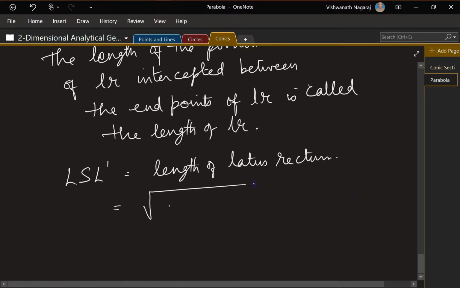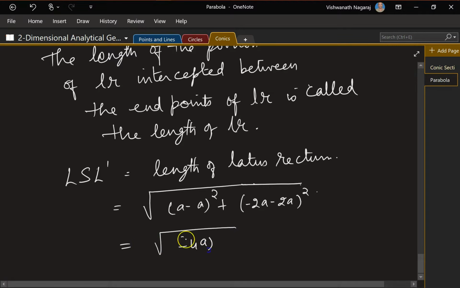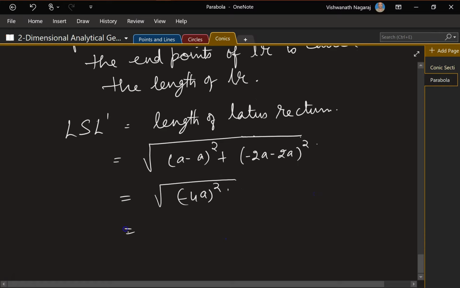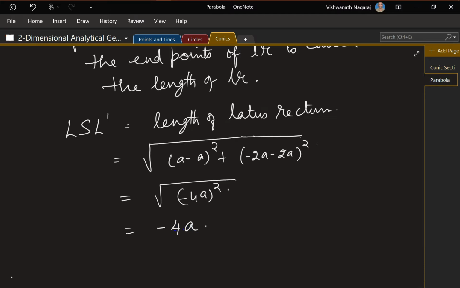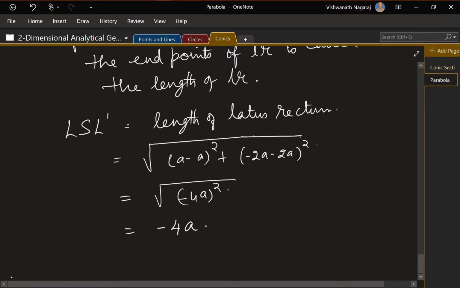Square root of (a minus a) square plus (minus 2a minus 2a) square, which is equal to, now this becomes 0, this becomes minus 4a square. The square and the square root cancel and we are left with minus 4a. Since we are talking of length, which can't be negative, we take the absolute value. So it is equal to 4 times the absolute value of a.